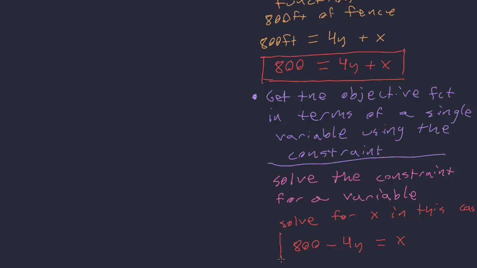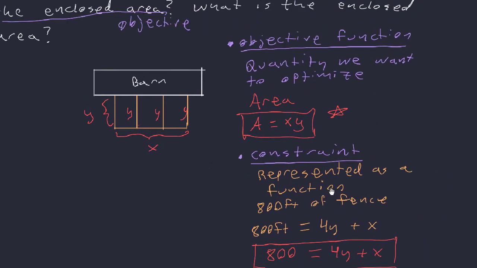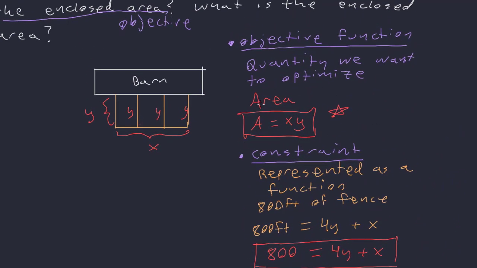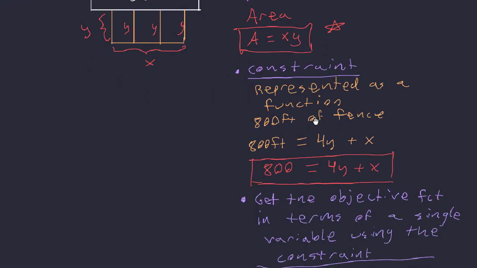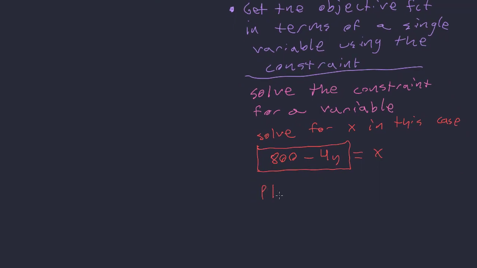All right, now this right here, we're going to go back up to our objective function, right? And plug this x into the objective function. So I put the objective function here. It's A equals x times y.